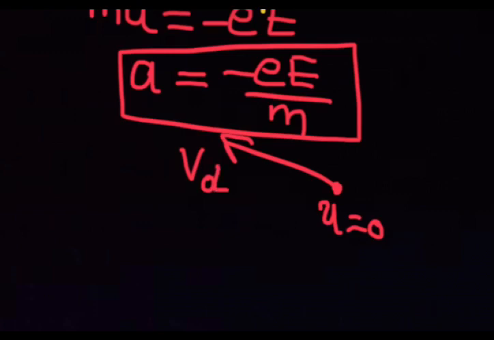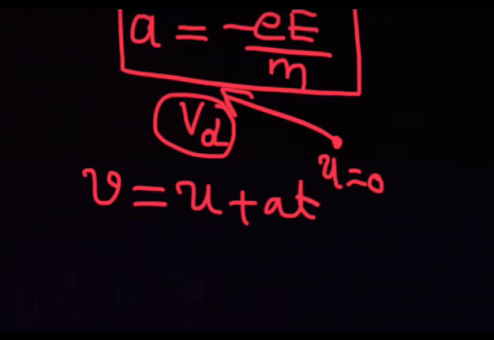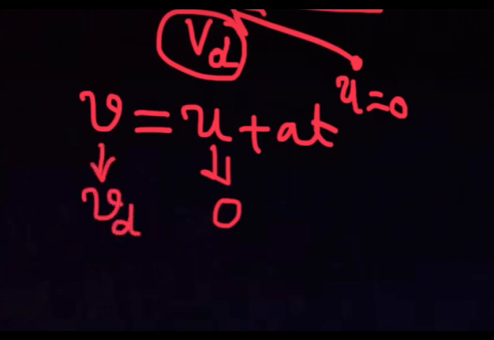Let that maximum velocity be considered as the drift velocity. So, by using the equation v = u + at, when the electron collides with the atom and its initial velocity becomes 0, the final velocity, which we consider as the average drift velocity, is 0 plus a into the time.